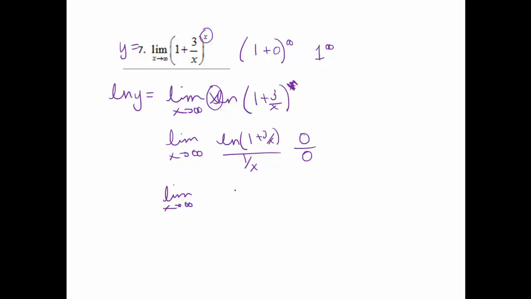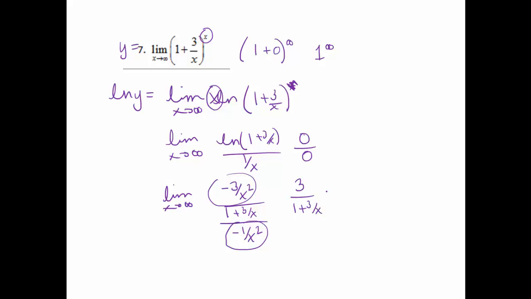The derivative of 3 over x is negative 3 over x squared, over my u. And then all over the derivative of the denominator, the derivative of 1 over x, which is negative 1 over x squared. I notice these can cancel except for the 3. So this will end up being 3 over 1 plus 3 over x.